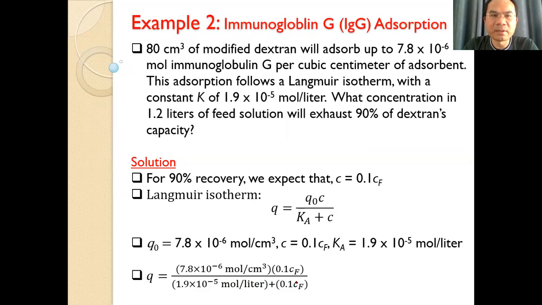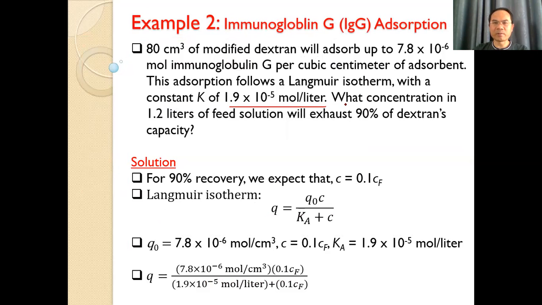For the second example, let's talk about the adsorption of immunoglobulin G, or IgG. We have 80 cubic centimeters of modified pectin that will adsorb up to 7.8 times 10 to the power minus 6 moles of immunoglobulin G per cubic centimeter of adsorbent. This adsorption follows the Langmuir isotherm with a constant K equal to this value.